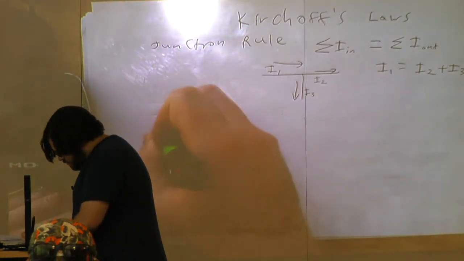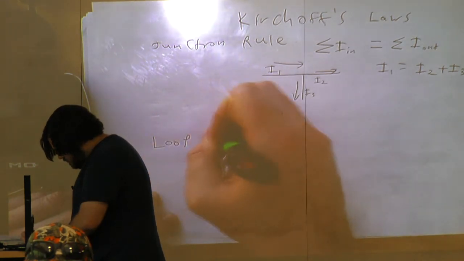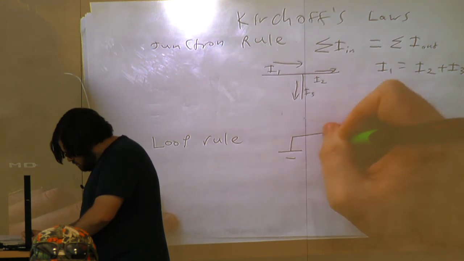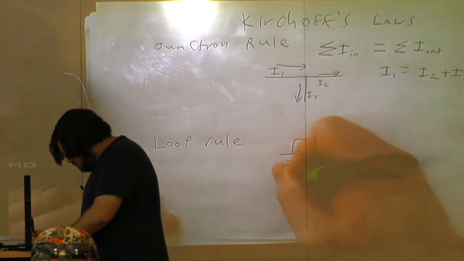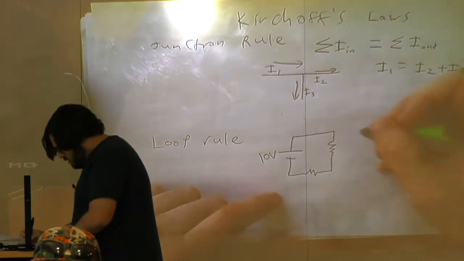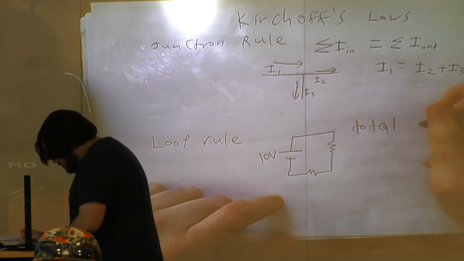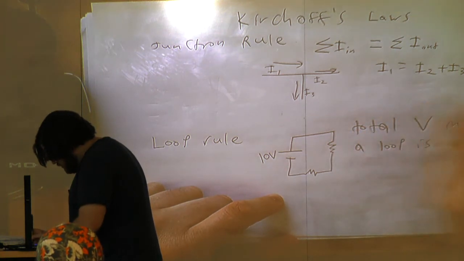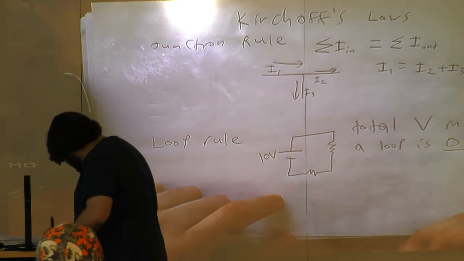Then we have the loop rule. Total potential in a loop is 0. Okay?